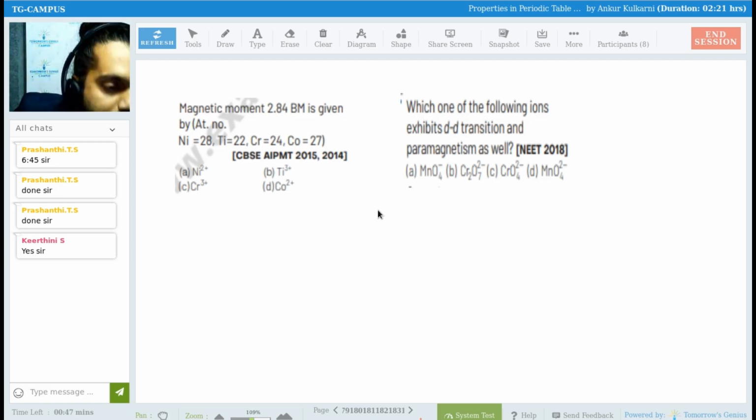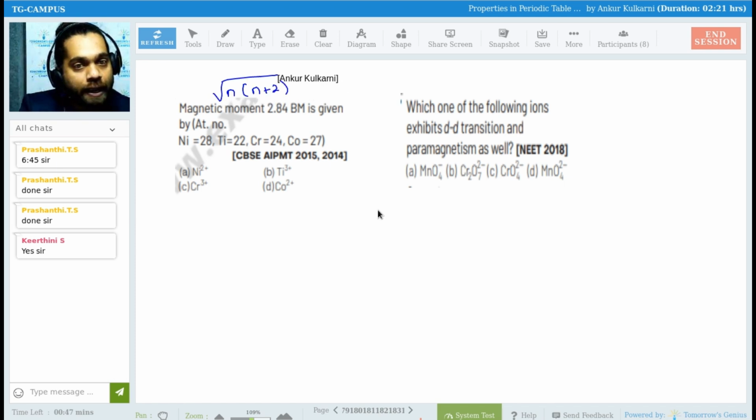They have given you the magnetic moment. Kevin, A for what? Left or right one? Just now I told you the magnetic moment is under root n plus 2. They have given the value 2.84.